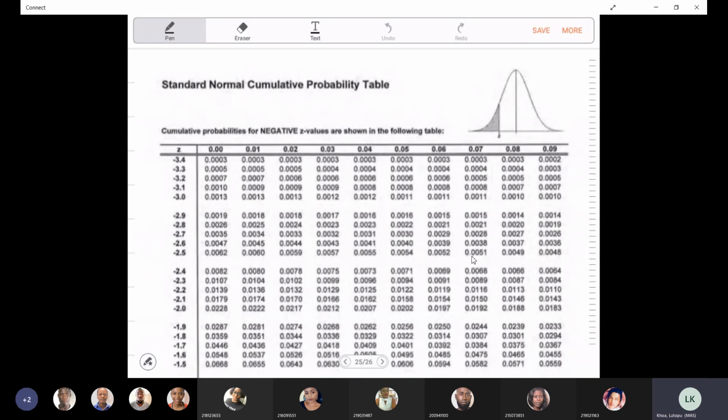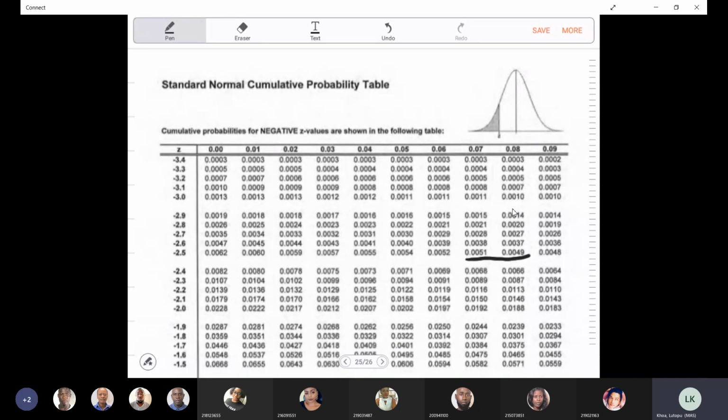Okay, so these two values here. You see these two values over here. These are the two values that are closest to 0.005, and they're equally close, so I can add them together. So I'll take the z-score negative 2.57 and negative 2.58, add them together, divide by 2.